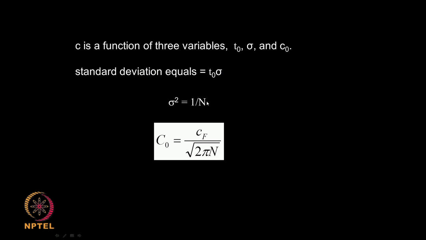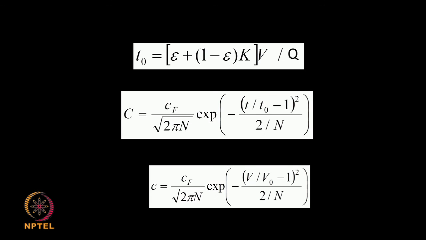So, there are different approaches by which we can calculate n, and I also mentioned that this n is the number of theoretical plates. In the previous class I said why they are called theoretical plates. Then C0, the maximum concentration the peak reaches, is also connected as Cf divided by the square root of 2 pi n. So, many relationships are brought in which connect all these parameters.